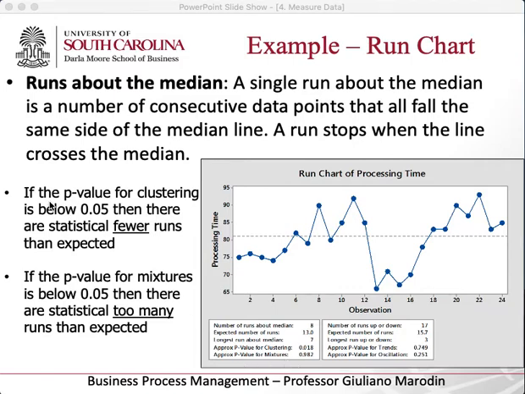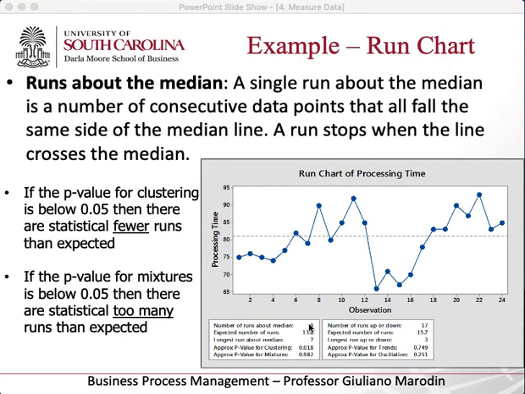It also gives you the p-value, and the p-value is important. It's the statistic that tells us whether the sequence of observations, or the time series here, is impacting the processing time or not. If the p-value for clustering, which is this one, is below 0.05, it means there are statistically fewer runs than expected.